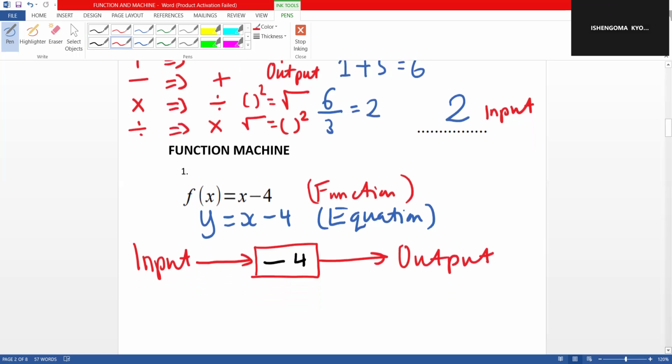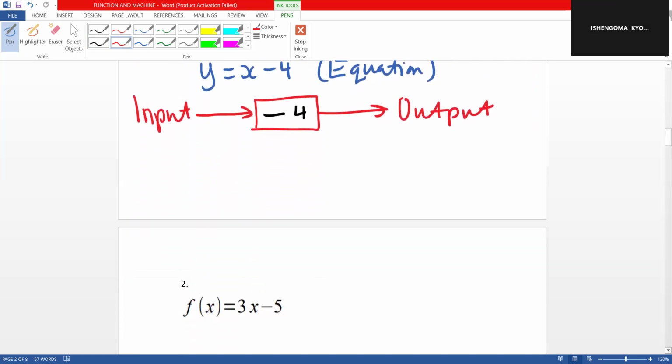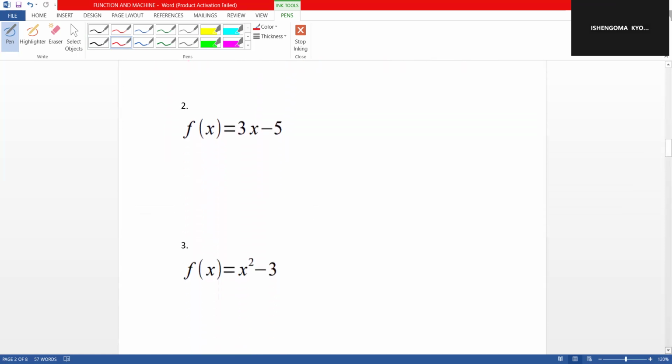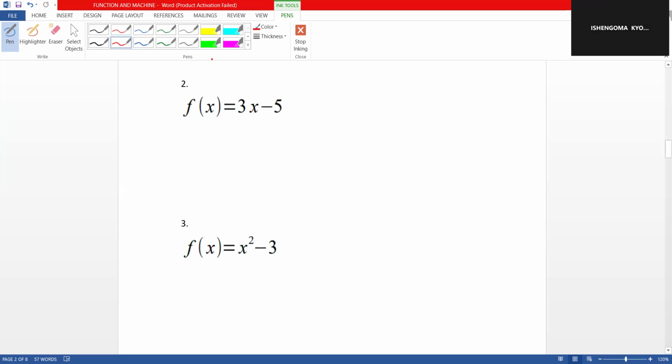Let's look at another example of a function machine. Here, number 2. When we have that function, change the function to an equation. Now take this equation and draw a machine. We shall have our input.